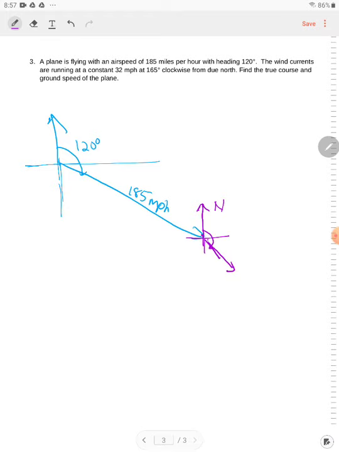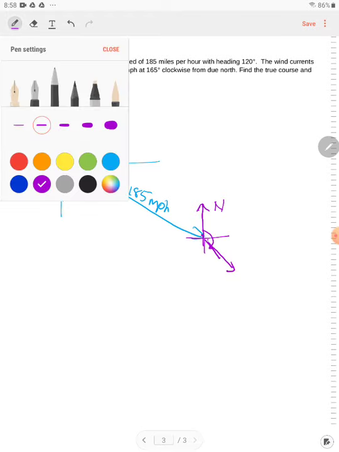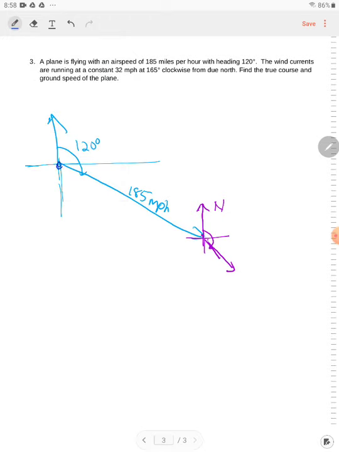Okay, and so where it's really flying, the path it's really taking is from here to there. You can see that makes a triangle there. And that's your ground speed. Now the true course is an angle.